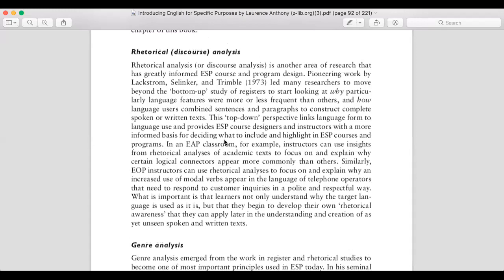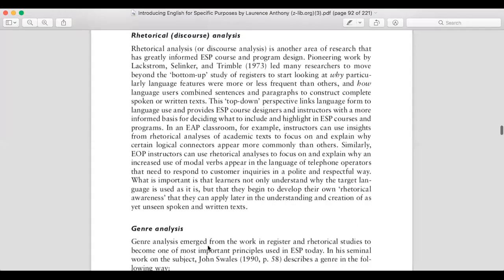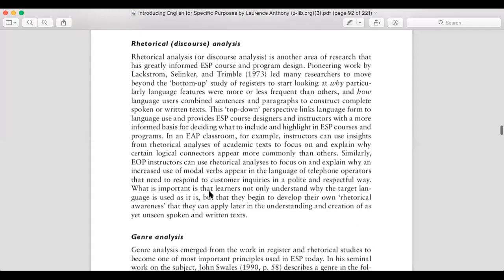So the implication of this analysis, the register analysis, and the genre analysis that we are going to do will result in designing of objectives. And where would these objectives be used? These objectives would be used in designing a curriculum and the syllabus.